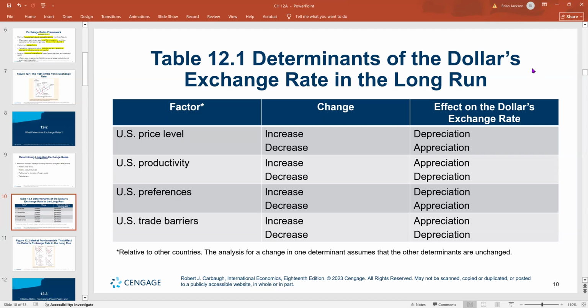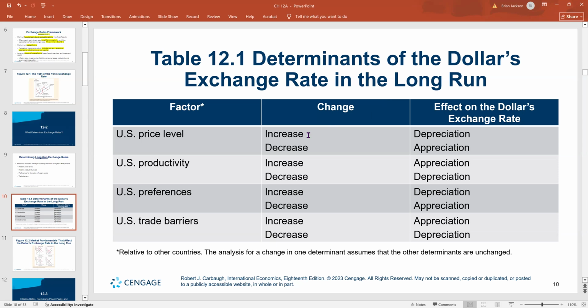If the price level in the U.S. is increasing rapidly in comparison with that of the United Kingdom, then U.S. consumers desire relatively low price UK goods, British goods. So if things are getting expensive in the United States, Americans are going to want to buy British goods.